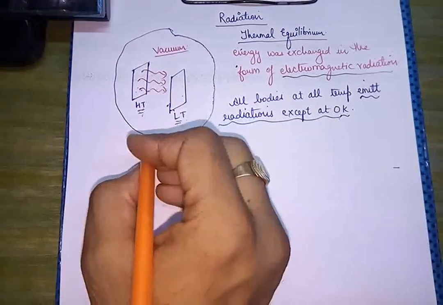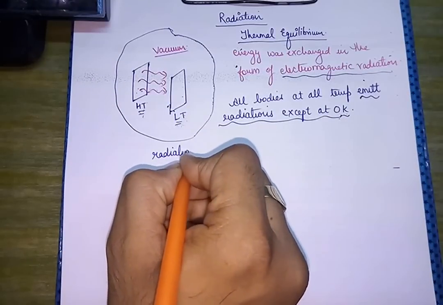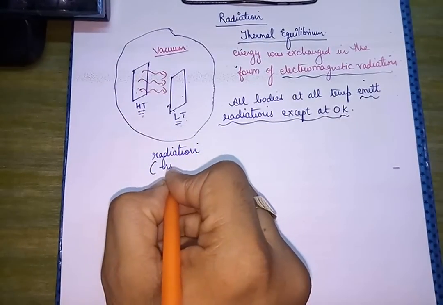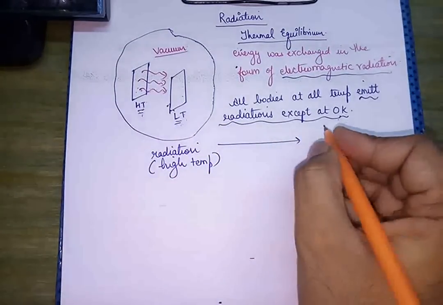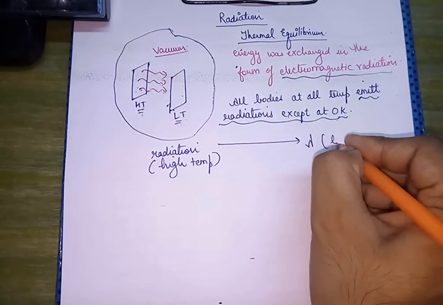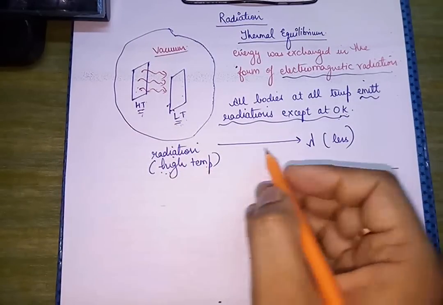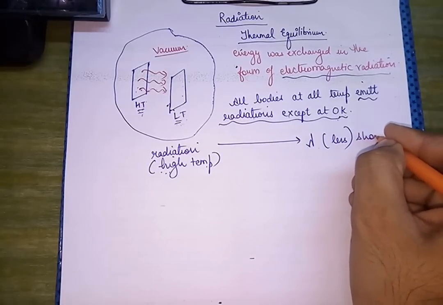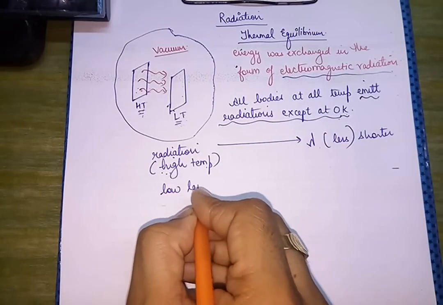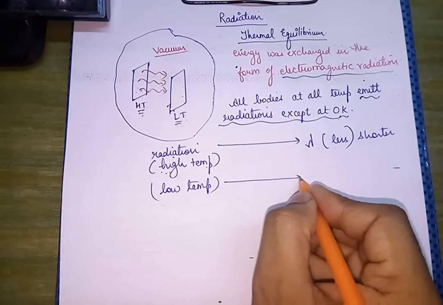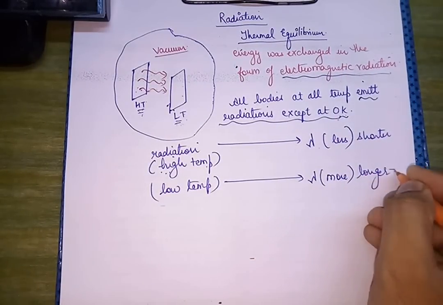Okay. And one thing we have to remember is that if the radiation which is being emitted is corresponding to high temperature, then the wavelength, that is lambda, would be less. It will be a shorter wavelength radiation. The radiation corresponding to the high temperature would be shorter wavelength radiation, and the low temperature radiation will correspond to a larger lambda, that is a longer wavelength.